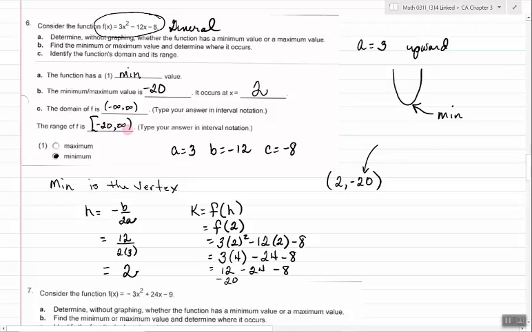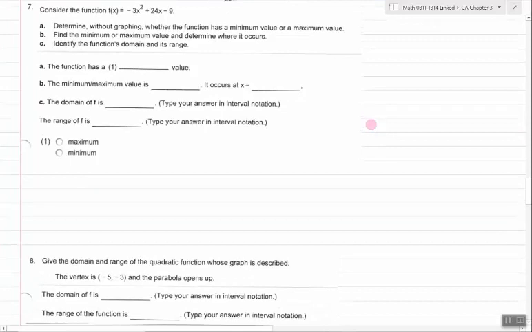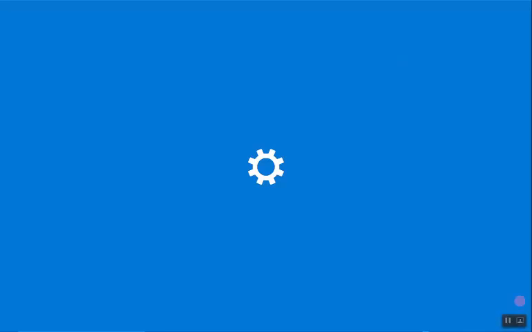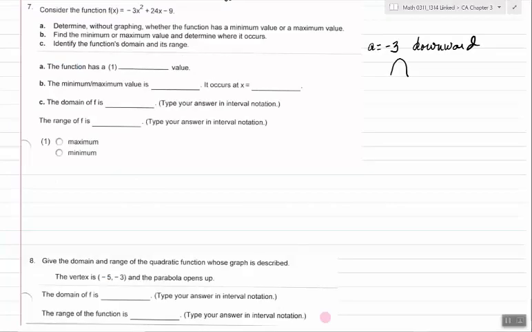Okay, so let's look at number 7. This is the first one we've had where the coefficient here is negative. Because a is negative 3, that means it opens downward, and since it opens downward, I apologize, I had a few technical problems.